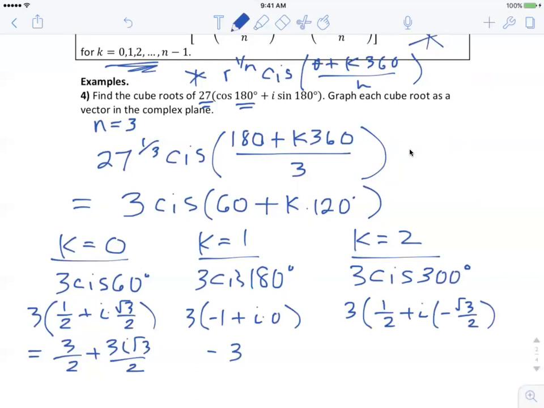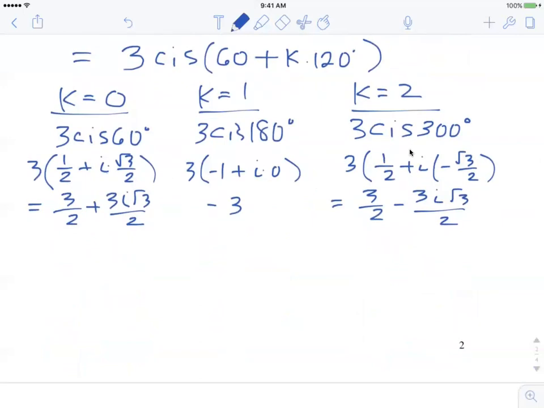And then distribute the 3. I would write it 3i root 3 all over 2. There would be the rectangular forms of all of those. Okay. So either way, trig form or rectangular form, just whatever the directions call for.